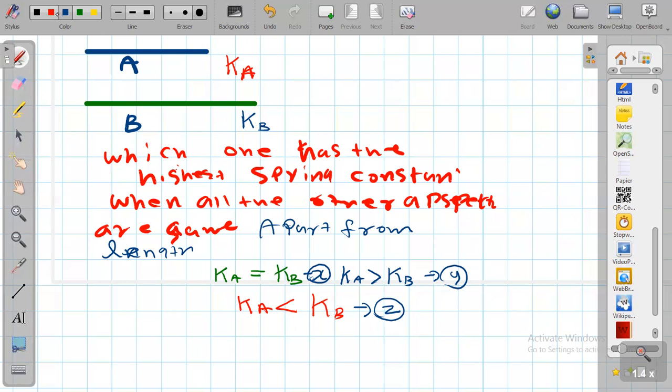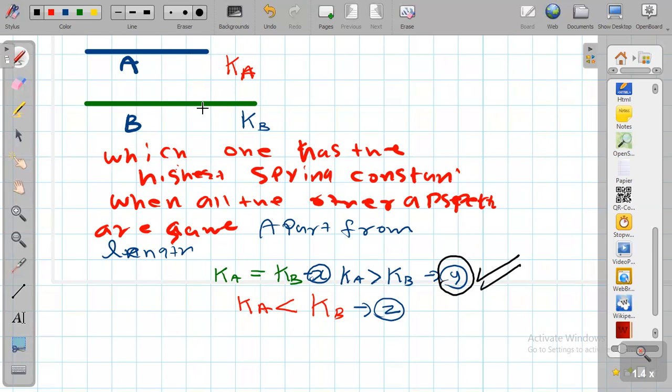Those who said the answer Y, some other people thought that because it's the same material, same other things, regardless of the length, they have the same spring constant.